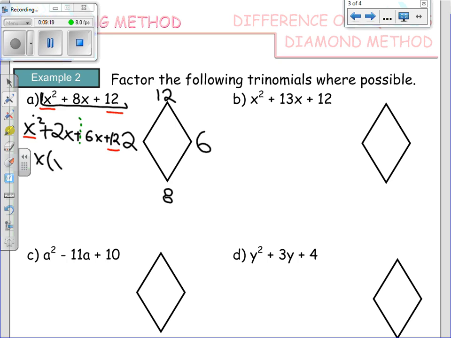Okay, and what do you factor out of the next side? 2. You can factor 2 out, but that's not the largest thing you can factor out. This many. Yeah, that many. And what are you left with? x plus 2. And that's why you don't break up that 12. You want to leave that 12 so that you can break it apart there. Remember, that's why we did the other one first.